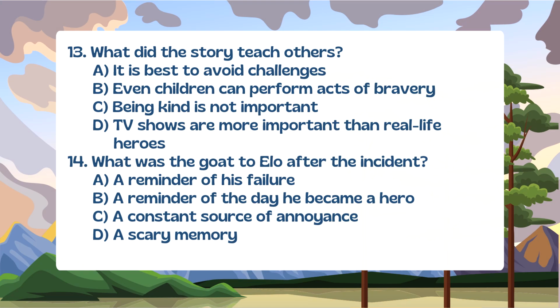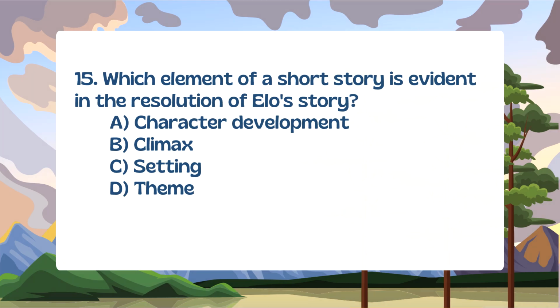13, what does the story teach others? Letter B, even children as young as grade 5 can perform acts of bravery. 14, what was the goal to Elo after the incident? It was a reminder of the day he became a hero, letter B. 15.